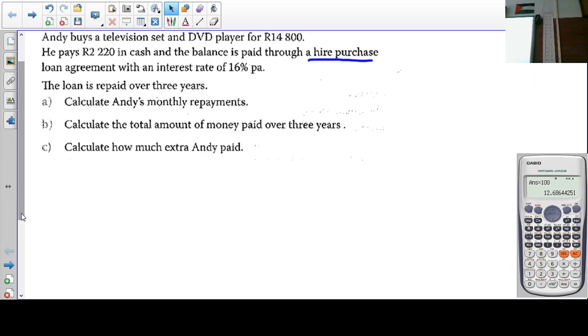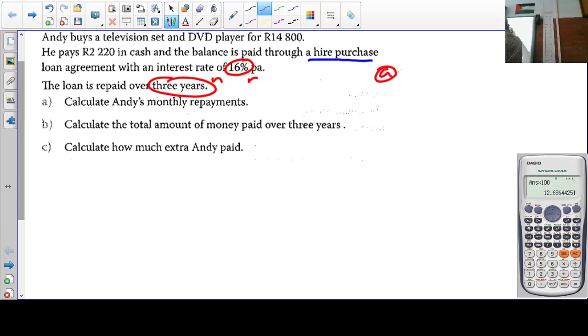The first question says, calculate Andy's monthly repayment. The loan is repaid over a 3-year period. So N is going to be 3 years. That is your rate, your I value, and we need to calculate your P value. The P value is going to be 14,800 minus 2,220 rand.